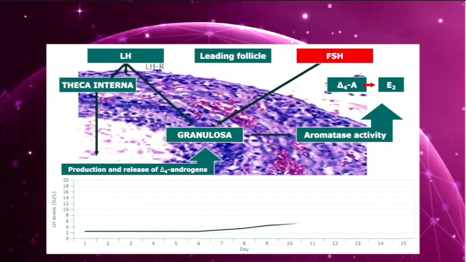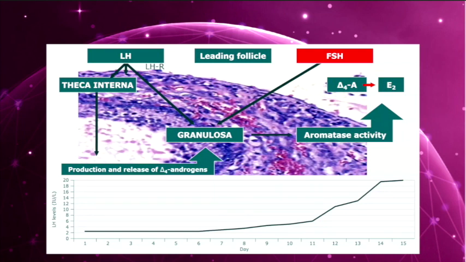But what is very important, and it has been discovered in the last years, is that granulosa cells also express LH receptor in follicles exceeding 9-10 millimeters. So when you stimulate your patient, you see follicles of 10-11 millimeters. These follicles have LH receptors also in granulosa cells.